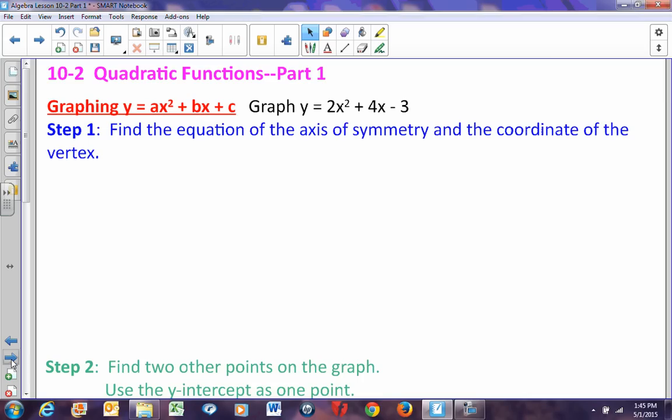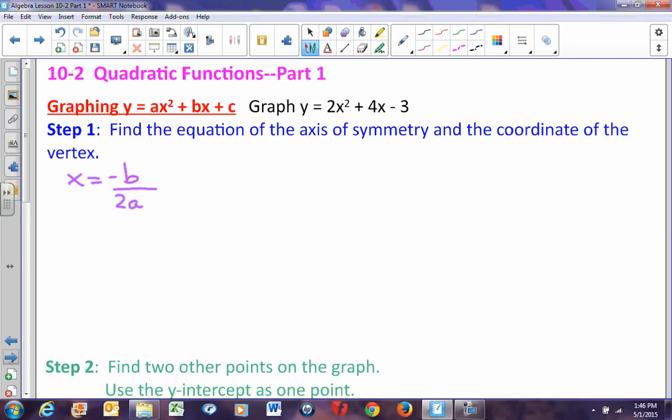We're going to graph an equation in the form of y equals ax squared plus bx plus c. We're going to graph y equals 2x squared plus 4x minus 3. The first thing we should do is find the equation of the axis of symmetry and the coordinates of the vertex. To find your axis of symmetry, remember the formula I just gave you: x equals -b over 2a.